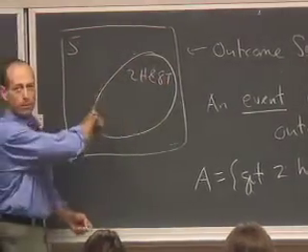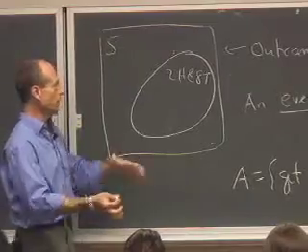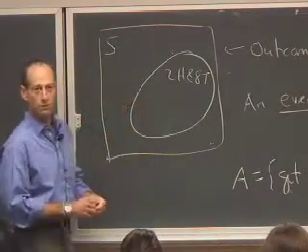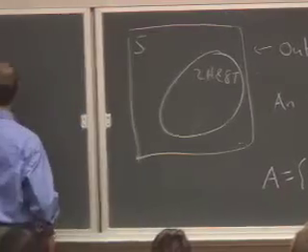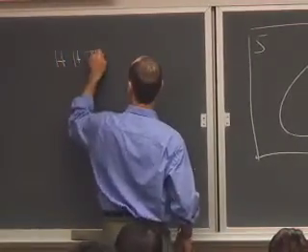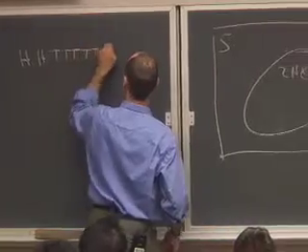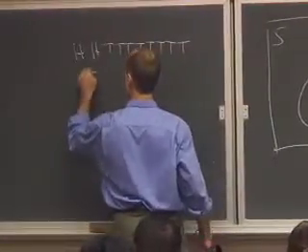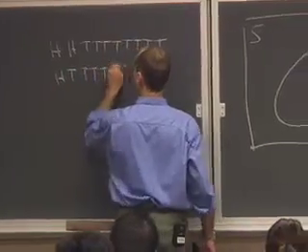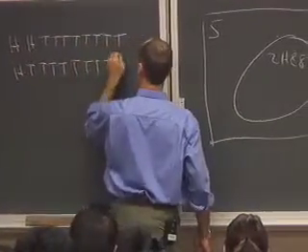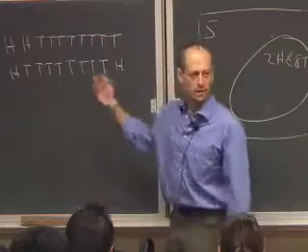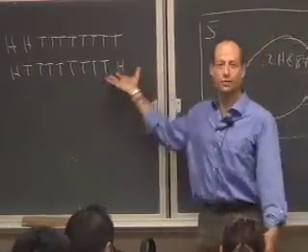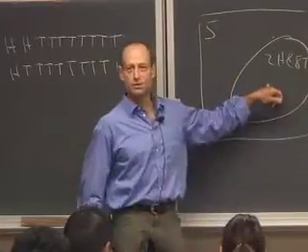It has a bunch of members. There are a bunch of different outcomes that all correspond to that event occurring. One outcome that corresponds to that event occurring would be heads, heads, and then 8 tails. Okay, another outcome would be heads, eight tails, and a head, right? How many of these elementary outcomes are in this event?